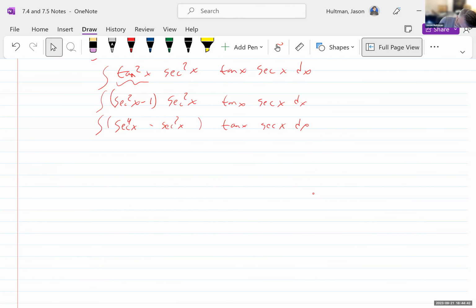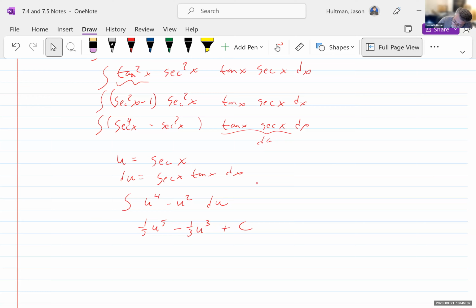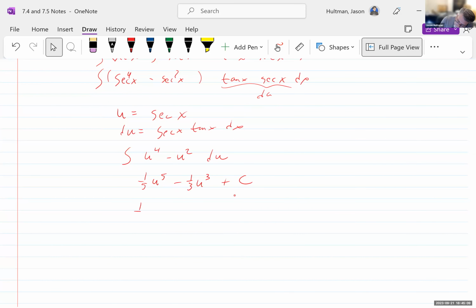Now we're going to say this u is equal to secant x, du is equal to secant x tangent x dx. So this is my du right there. So this is going to be the integral of u to the 4th minus u squared du, which is 1/5 u to the 5th minus 1/3 u to the 3rd plus c. But what was u?